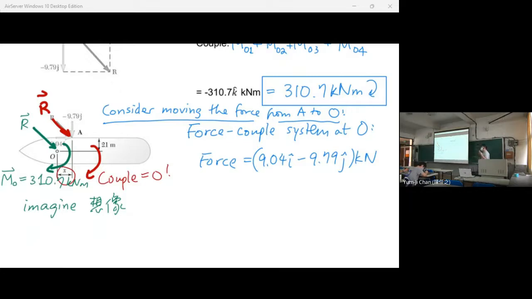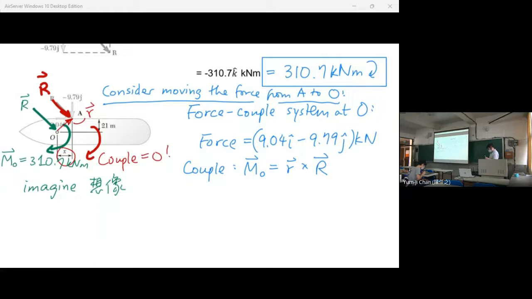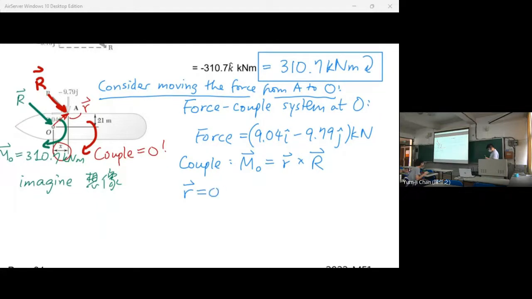And how about the couple part? The couple M_O is equal to r cross the big R, where r is equal to OA, which is x i plus 21 j meter.